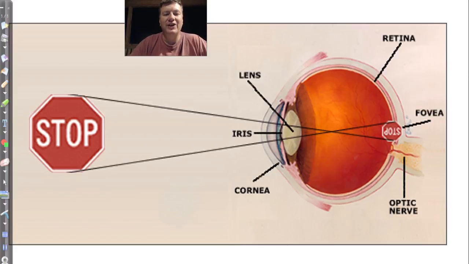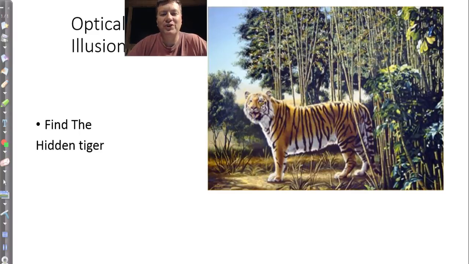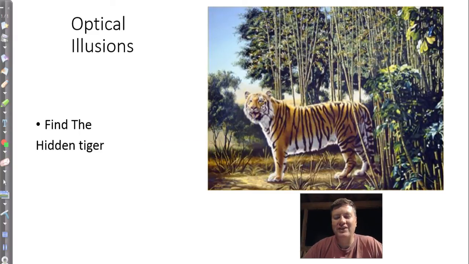But as I mentioned, sometimes we're really intrigued with optical illusions and things that kind of fool the brain. If I said pause the video and find the hidden tiger, you would start looking, because you now have in your brain what the hidden tiger looks like. And it's not this thing, because this thing is not hidden. But if I said find the hidden tiger and you really want to find it, take a minute, pause the video and see if you can see it.